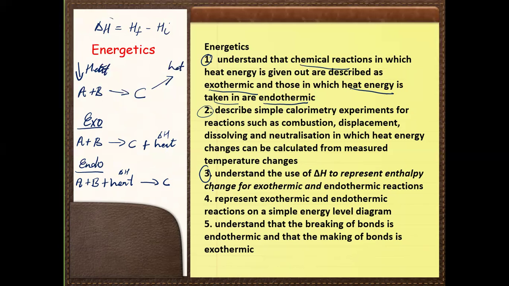So, having a look at point number 3, we need to understand the use of delta H to represent the enthalpy change of exothermic and endothermic reactions. I told you this delta, this triangle over here, means change. Here we are talking about the exothermic reaction, we have delta H. Here we are talking about the endothermic reaction, we have delta H.